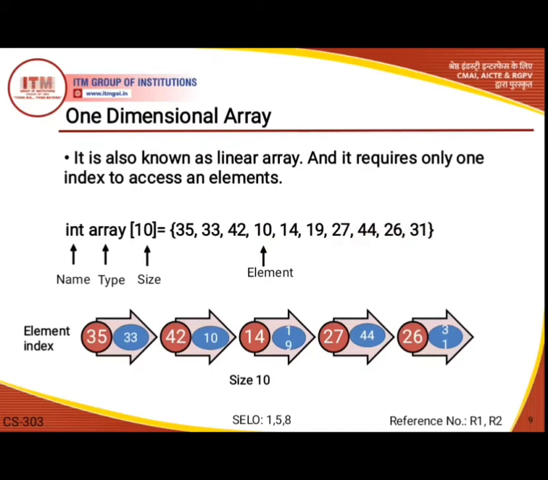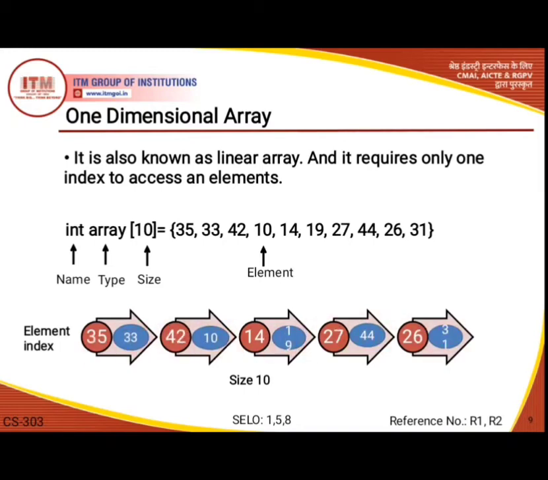So here the first one is the name. That means we have to define the data type which we are using. So here it is the integer data type. It is indicated as the name of the array, and the type we are using, and the size of the list, which is 10. So here the element index for size 10 is represented in this way.